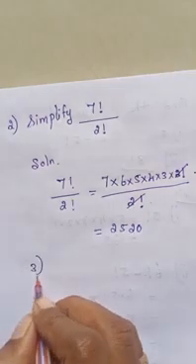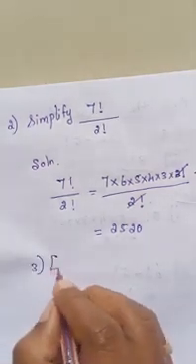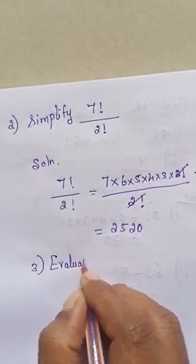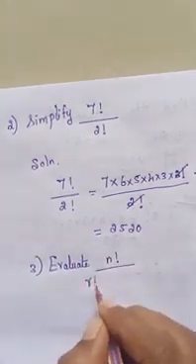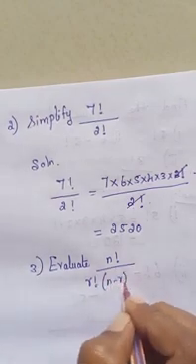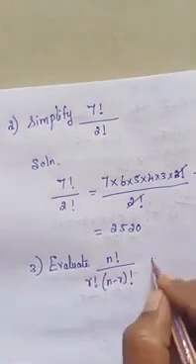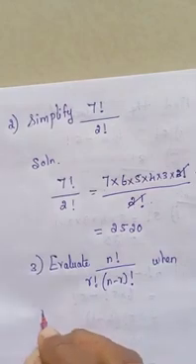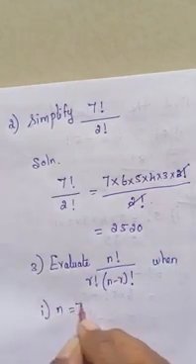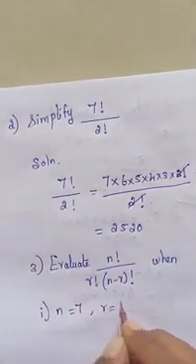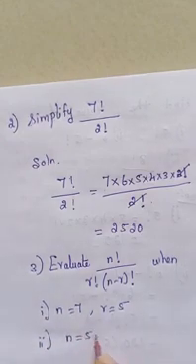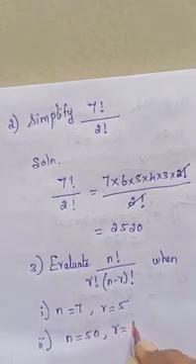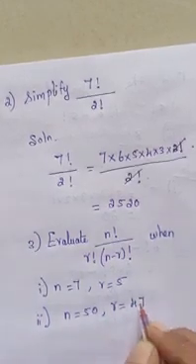Now problem number 3. Evaluate n factorial by r factorial into n minus r factorial, when subdivision 1: n equal to 7, r equal to 5, and subdivision 2: n equal to 50, r equal to 47.